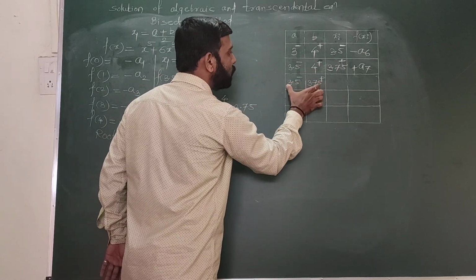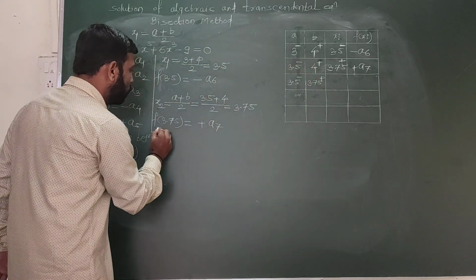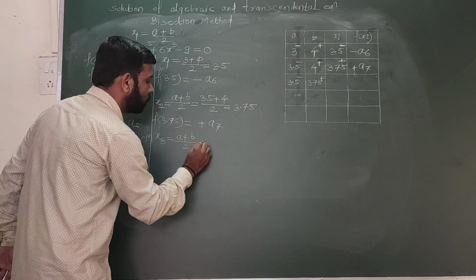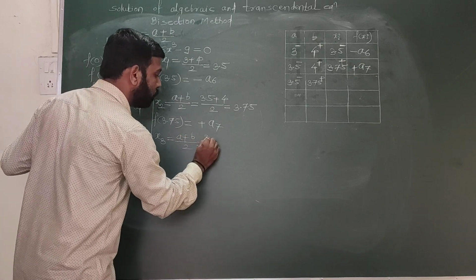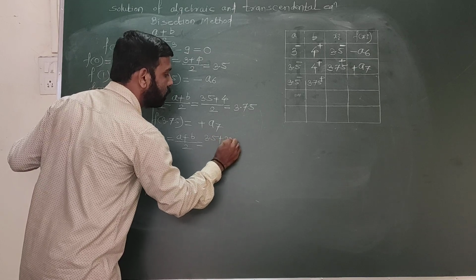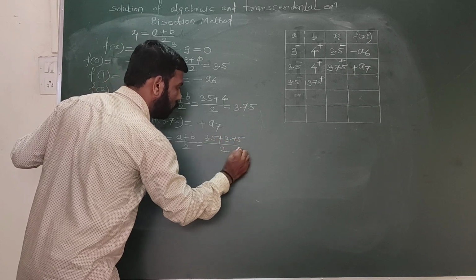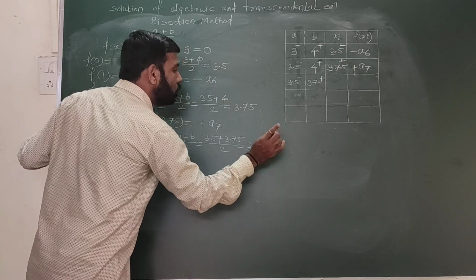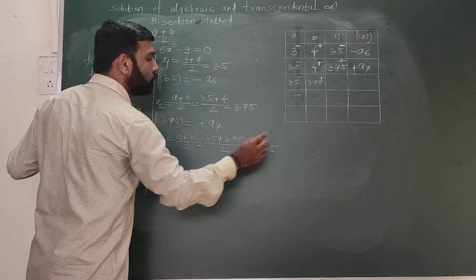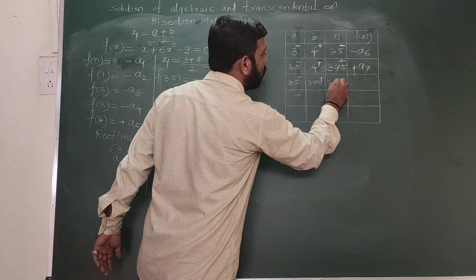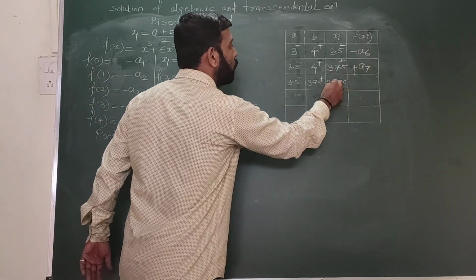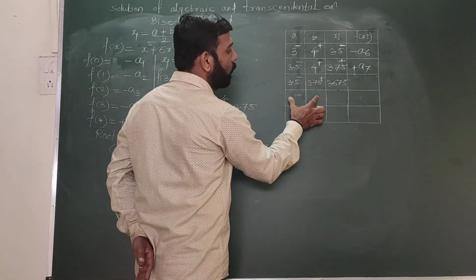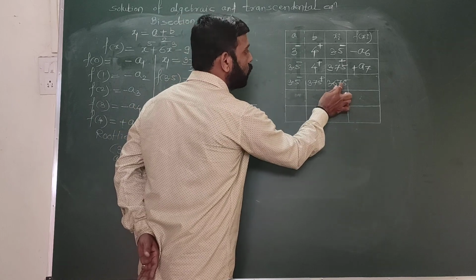So these two will be considered as the A and B values. Next, the value for x3: substitute A, B upon 2, and suppose approximately I am considering that value as 3.675. Again for the next approximation we require the A and B symbol for this.